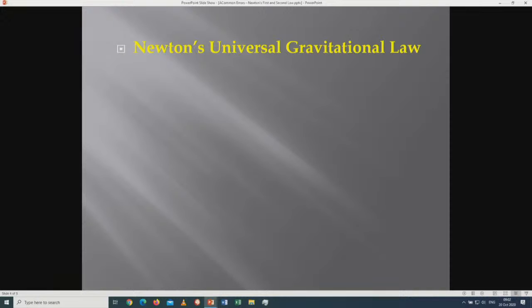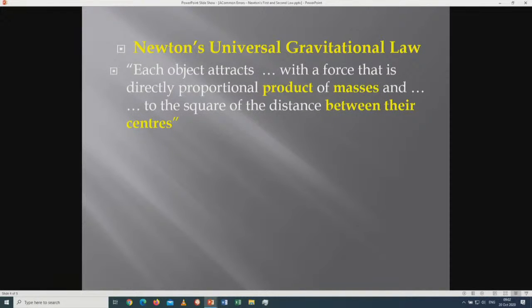That's a very important law, and you will realize that it has a big influence on our living on this planet Earth. It's very important that law exists, because that law states that each object with mass attracts another body with mass with a force that is directly proportional to the product of the masses.